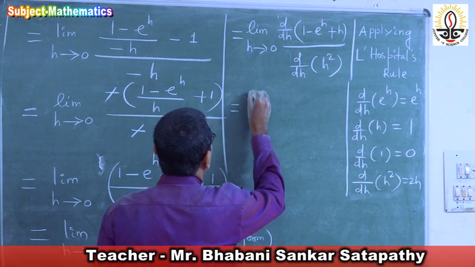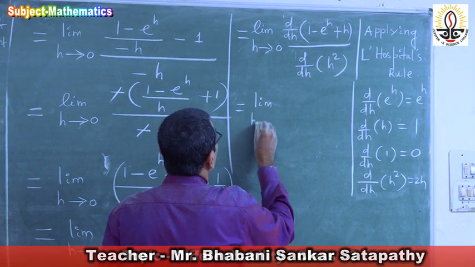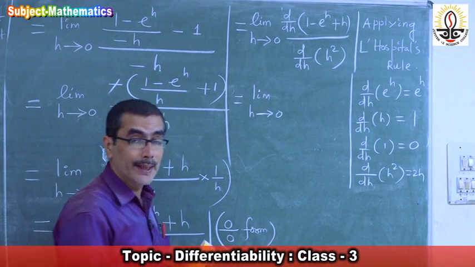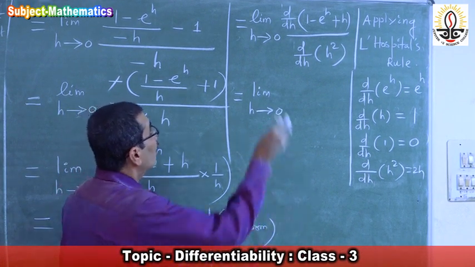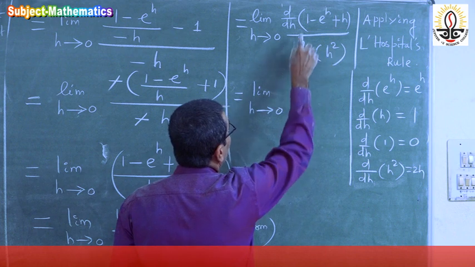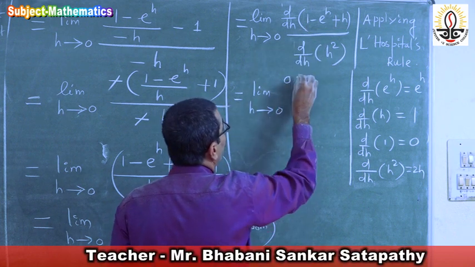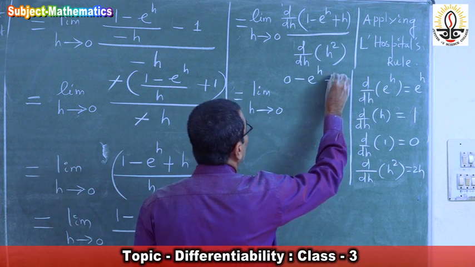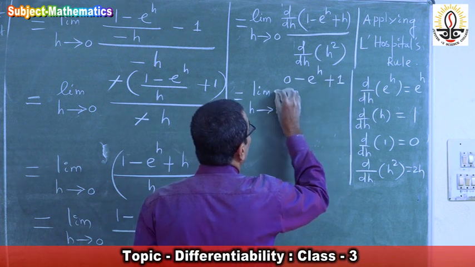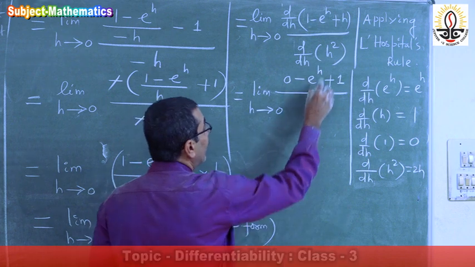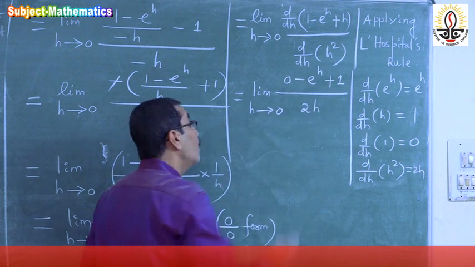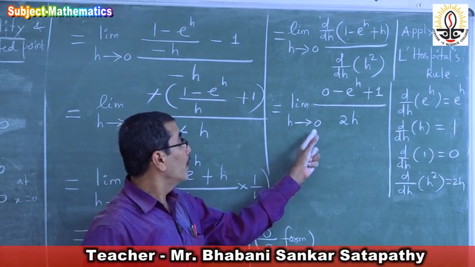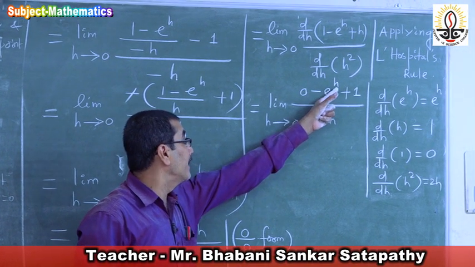So this is equal to limit h approaches 0. What will be this value? Tell me. The derivative of 1 is 0, minus e to the power h, derivative e to the power h, plus h, derivative is 1. So this is divided by h square, derivative is 2h. Now again you put 0 in place of h.